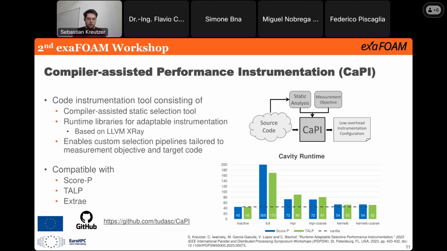And to this end, we have developed the CAPI tool, short for Compiler Assisted Performance Instrumentation. And this is a tool that implements this compiler-assisted static selection strategy, and also provides a runtime library for doing runtime adaptable instrumentation based on LLVM XRay.